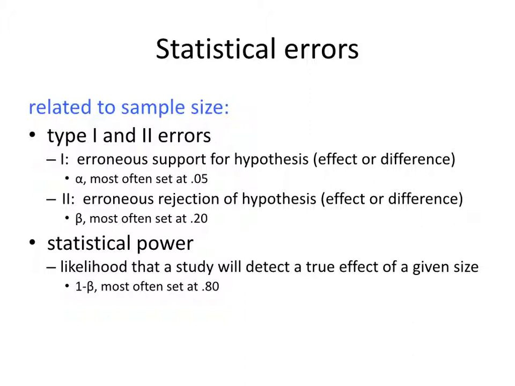So if you hypothesize that one ad is going to be more successful than another, or if you hypothesize that a sample with given characteristics will be different from the population, and that is wrong, that indeed there is no difference, or that the sample is not truly different from the population, then you've committed a type 1 error.